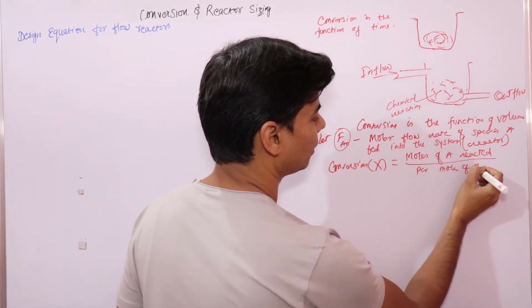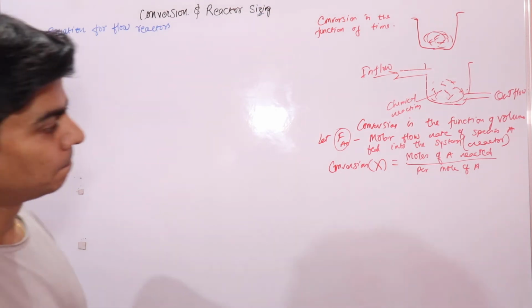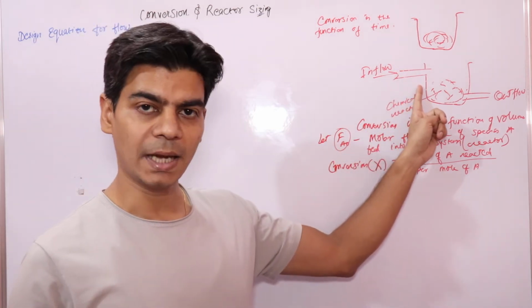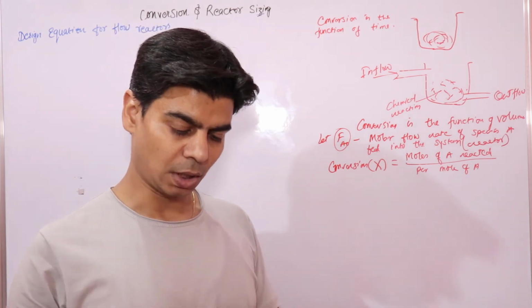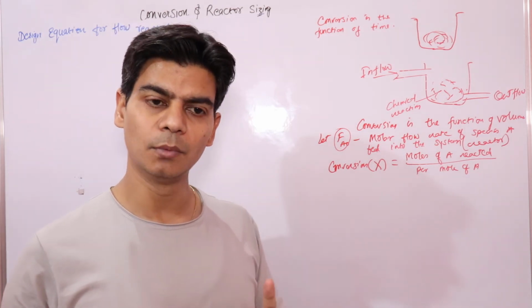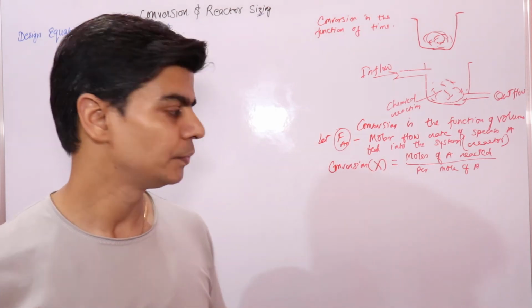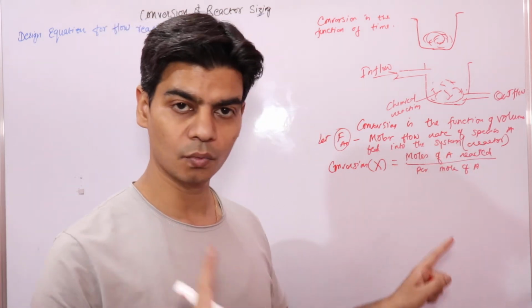Per mole of A, right? This means if I fed 1 mole of A inside this reactor, then how many moles out of this 1 mole will react? That is your conversion. So this is for 1 mole.